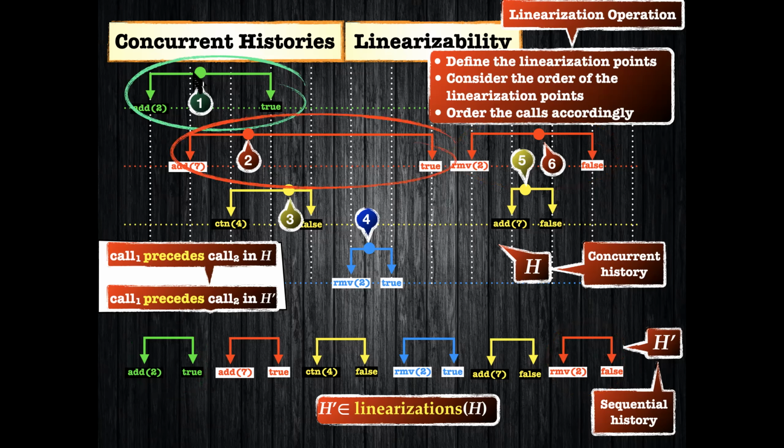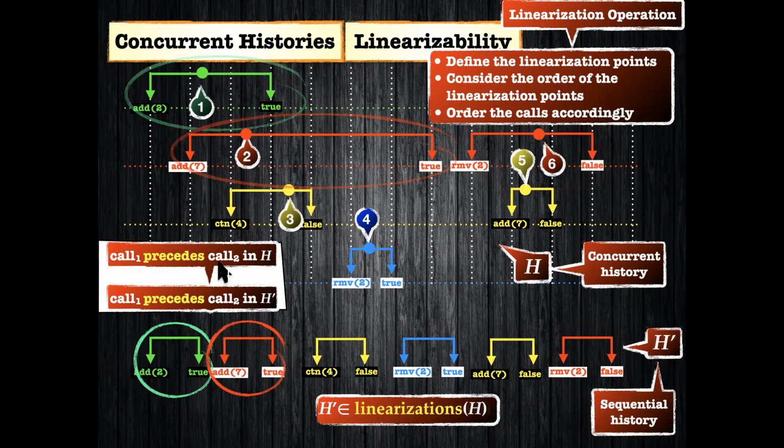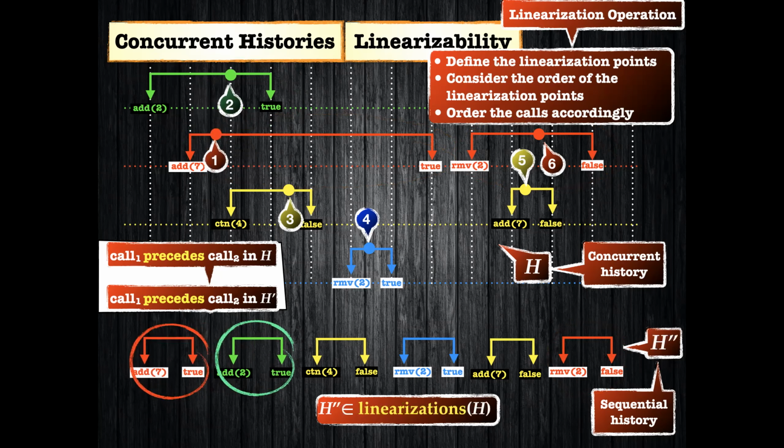In this case, this happens, for instance, between this one and this one. While if they overlap, then this property does not hold, as we saw, because we can swap their order.